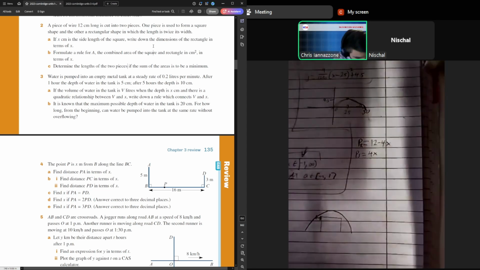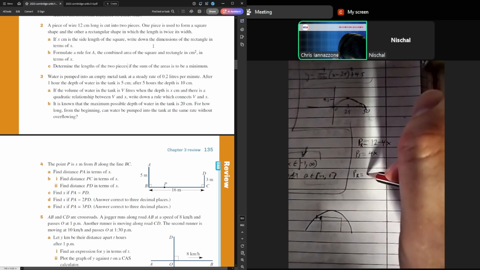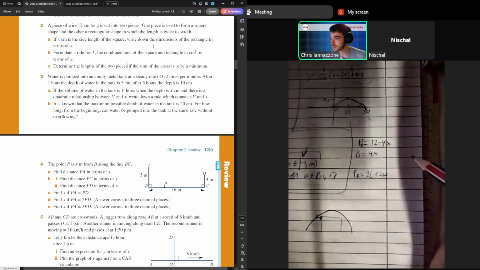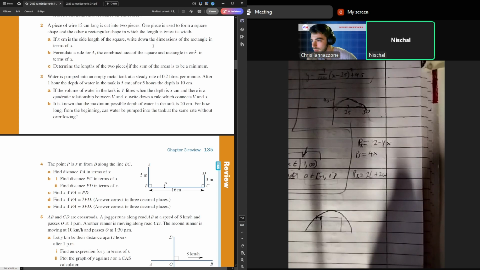If the perimeter of the rectangle can be broken down into 2 lengths and 2 widths, do we know if x is the width or the length specifically? We just said x is the side of the square, so it isn't necessarily specific. So we take L and W as the length and width of the rectangle.